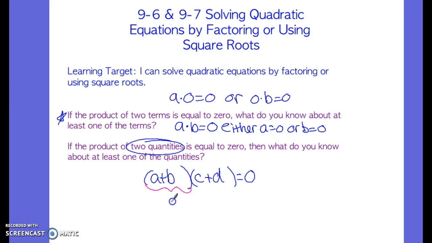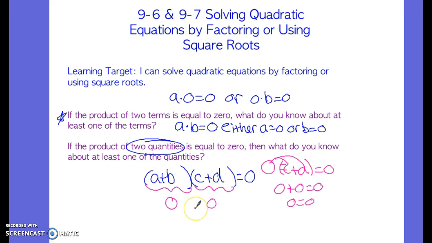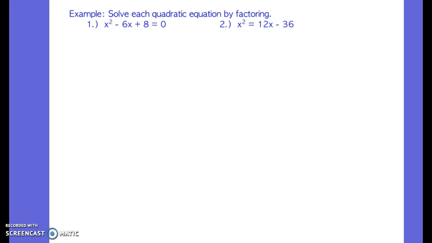Either a plus b has to equal 0, and then you have 0 times c plus d equals 0, which if you distributed your 0, you have 0 times c is 0, plus 0 equals 0, 0 equals 0. Or c plus d could equal 0 for the same reasoning. So you almost have two equations. A plus b could equal 0, or c plus d could equal 0. So let's try that out.